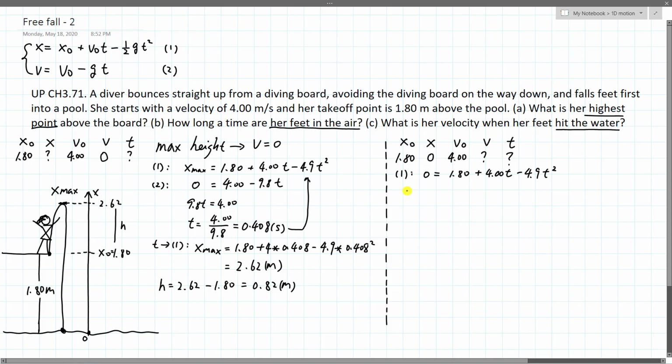So we can solve, and let's write this out. t is equal to 1 over 2a, and 2a is doubling that, so negative 9.8, times minus b plus or minus the square root of b squared minus 4ac. 4a is negative. Let's keep that count. And okay, here negative times negative, right, times c, 1.80.